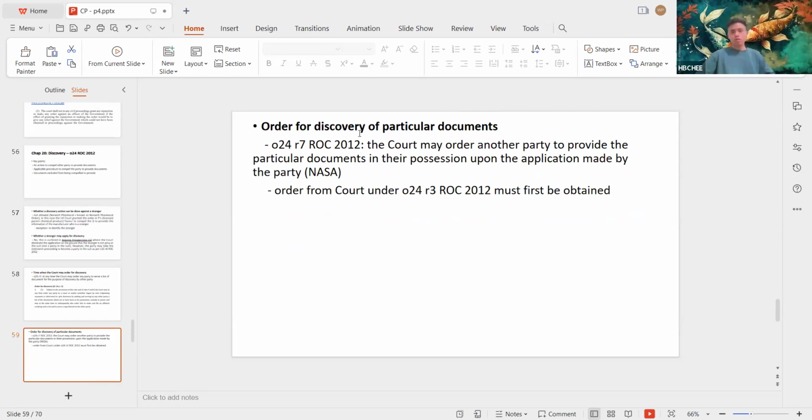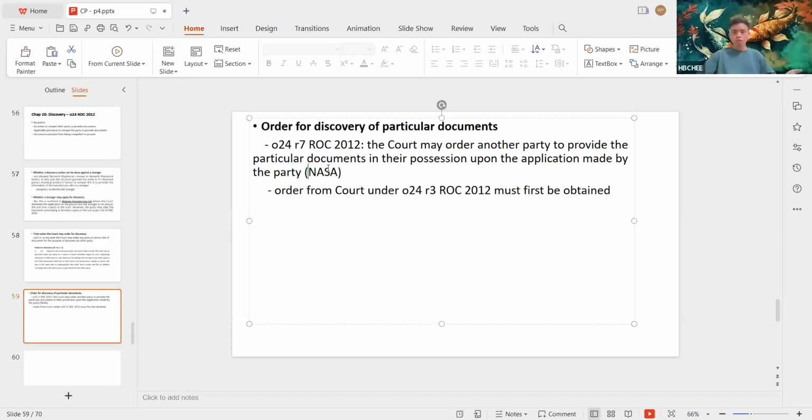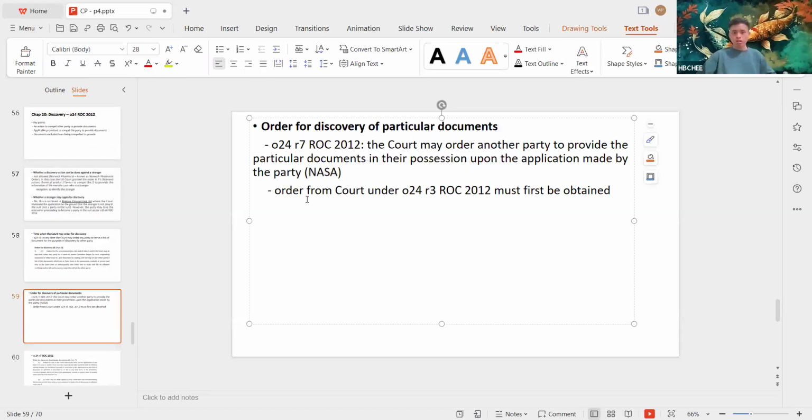Now, the order for discovery of particular documents is laid out in Order 24, Rule 7. The court may order another party to provide particular documents in their possession upon the application by another party. The application is by notice of application only. And then the order from court under Order 24, Rule 3 must first be obtained, which means that Order 24, Rule 3 serves as a leave of court, impliedly, technically meaning.